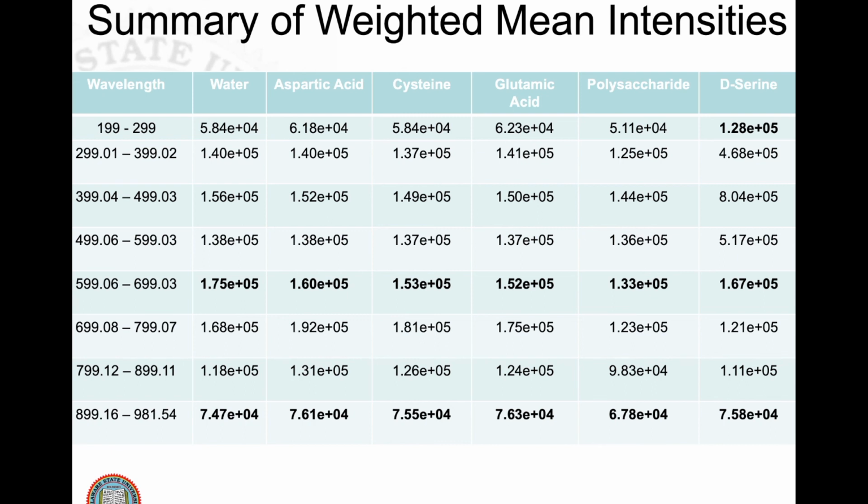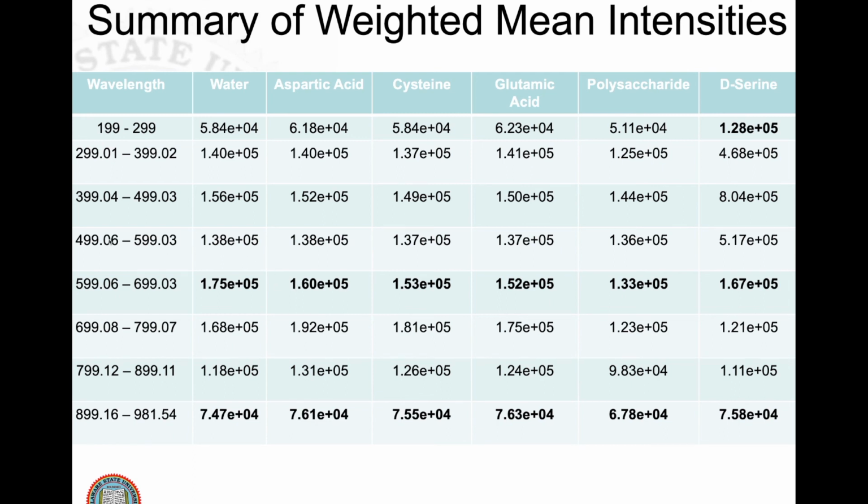If we look at all the compounds along the columns, and the spectral bands along the rows, we see that for the most part, they're pretty much the same. Except if we look at this band from 599 nanometers to 699, we see that they're a little bit different. They vary a tiny bit. They're, for all intents and purposes, the same everywhere.